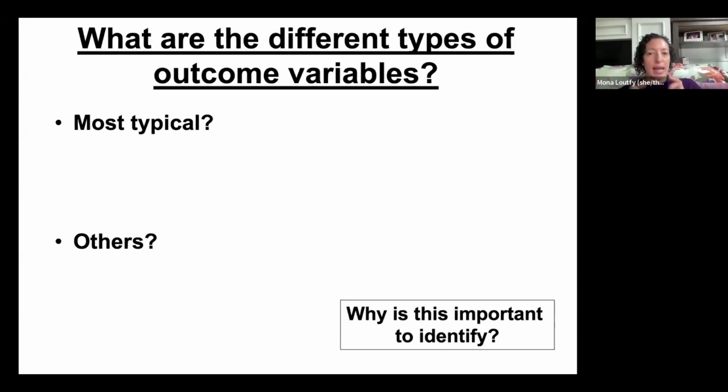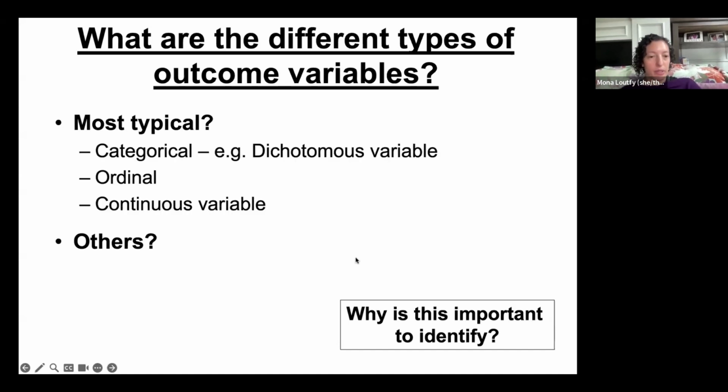Okay, so as an outcome, which is a variable, how can we summarize that variable, or what type of variable is it? What are the most typical types of variable? A variable can be summarized as either a categorical variable, an ordinal variable, or a continuous variable.